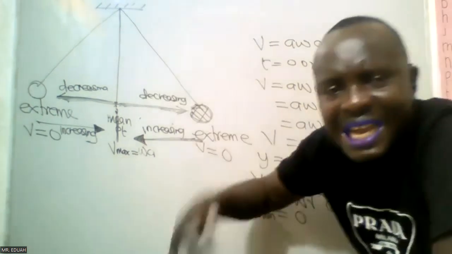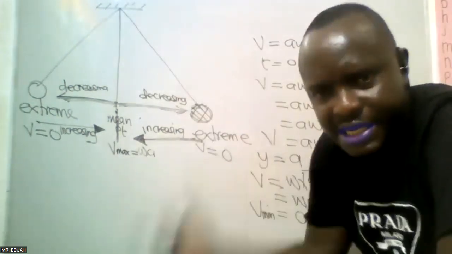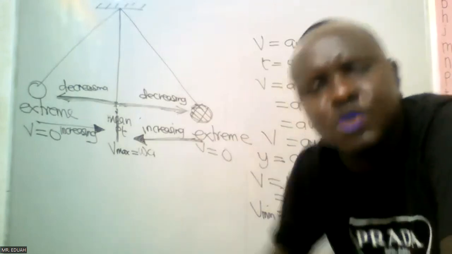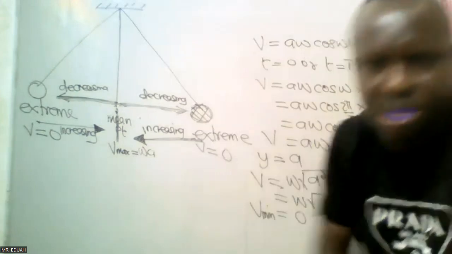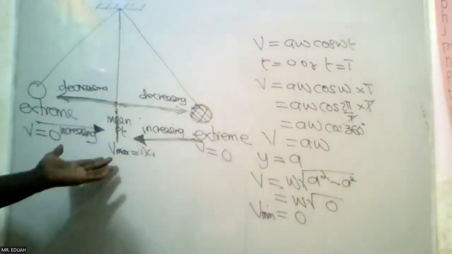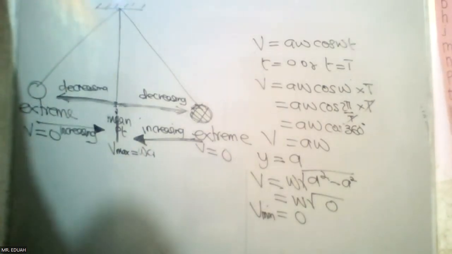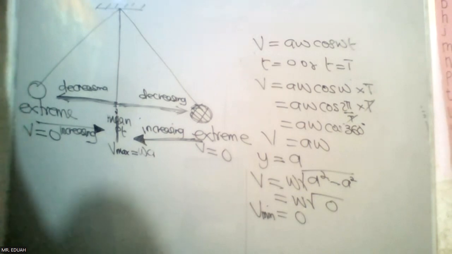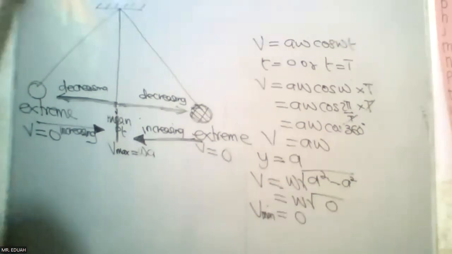So we realize that as the body moves on its journey, its velocity changes with time, and so there is a need to talk about the acceleration of the body. So that is the reason why we are talking about the acceleration of a body in simple harmonic motion. Please, class, are we okay? Yes, sir.